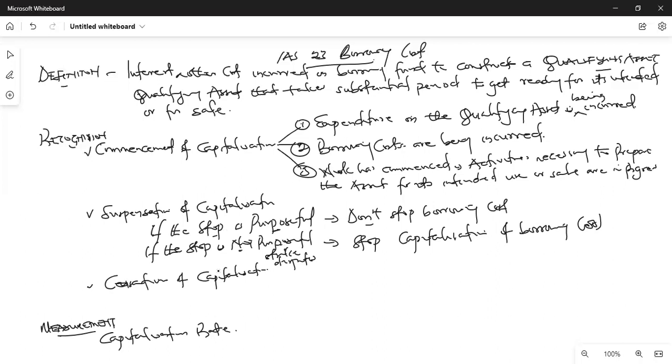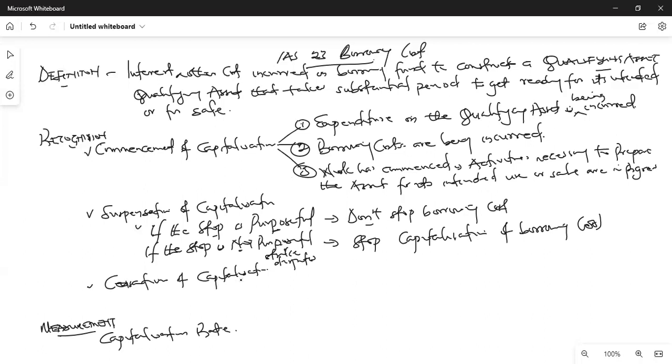Now, the standard also indicates that we get to a point where we need to cease capitalization of borrowing cost, of which this part is an example.